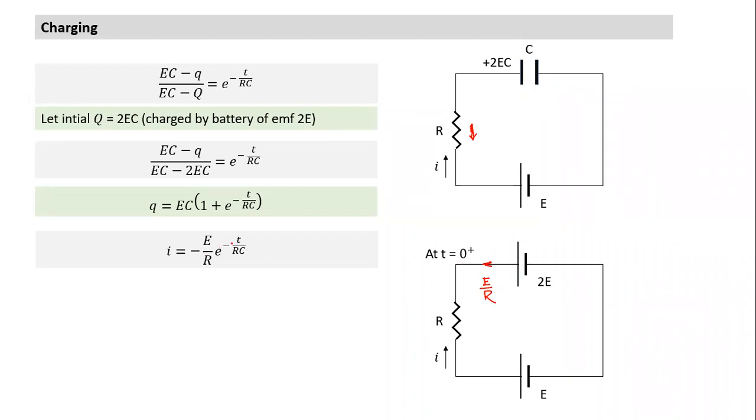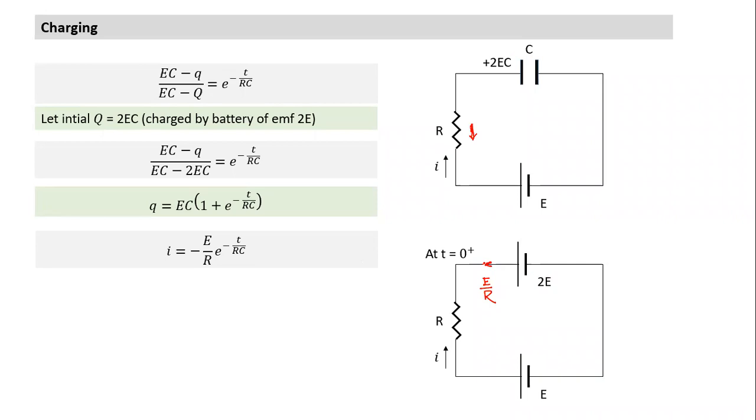If you substitute t equal to 0, this term becomes equal to 1, and current is equal to E by R. So our interpretation of the capacitor as a battery of varying EMF, at time t equal to 0 plus equivalent to a battery of EMF 2E, matches the result we obtain mathematically.